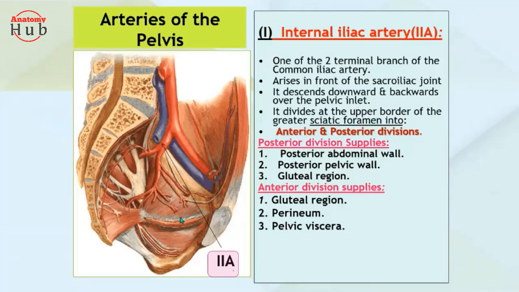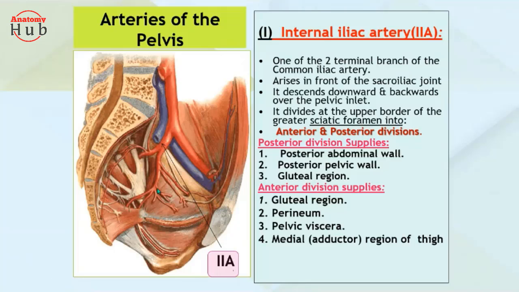All this is by the internal iliac artery, but which division? Anterior division. Then it also gives branches to the medial region of the thigh in the form of your obturator artery. So the obturator artery also comes from this anterior division of the internal iliac artery.